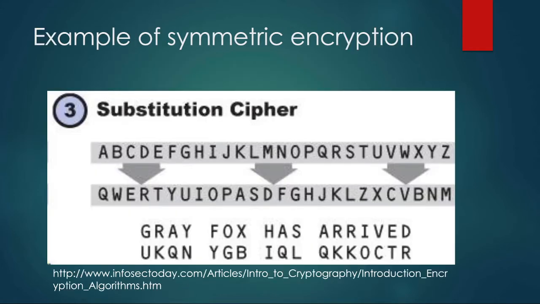Now, kind of going back in time a little bit, encryption is actually something that has been around for a very, very long time. This actually goes back to the early Romans, Julius Caesar, people like that. So this has been around for a really long time.